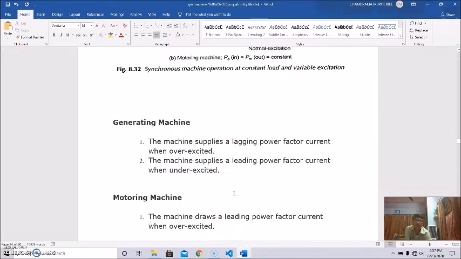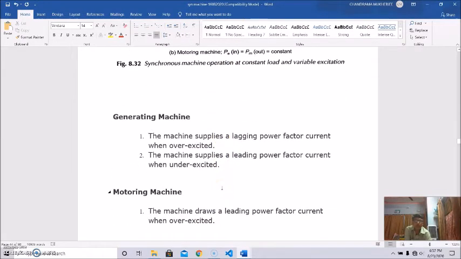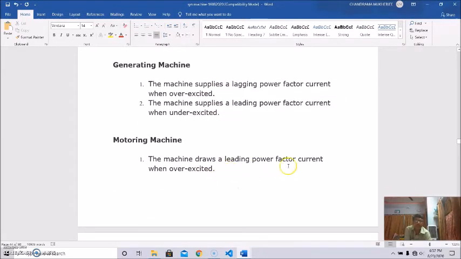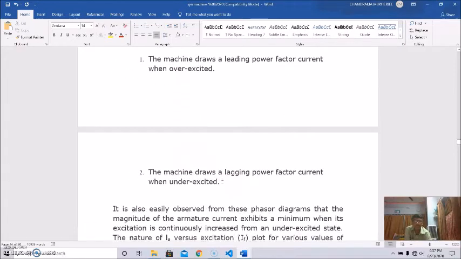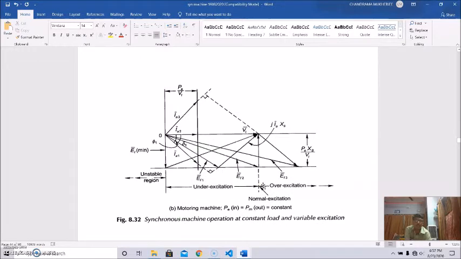For the motoring machines, the machine draws a leading power factor current when overexcited, and the machine draws a lagging power factor current when underexcited. So that is shown here.